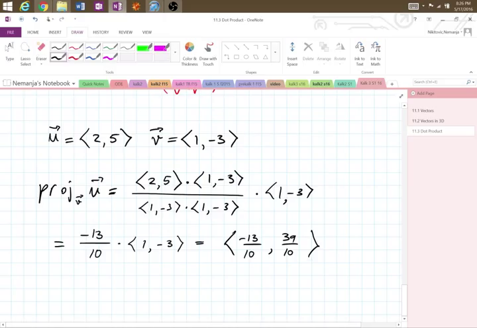And if you really want to use the ugly decimals, you can say negative 1.3 and then 3.9 if you really must. But this is okay.